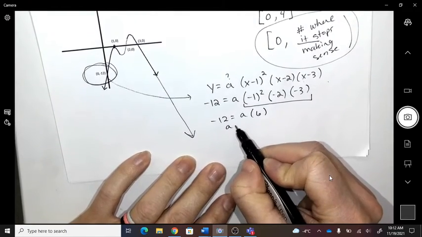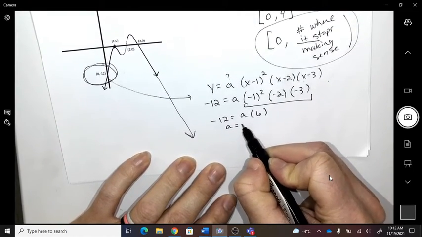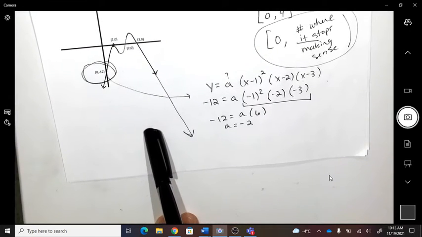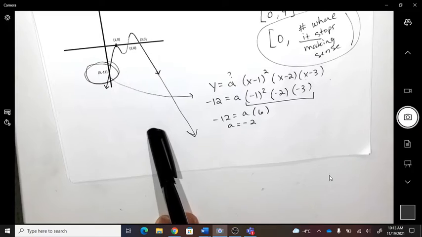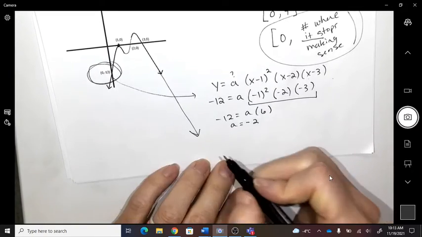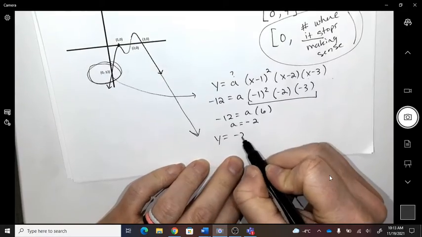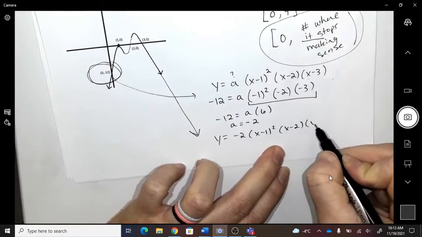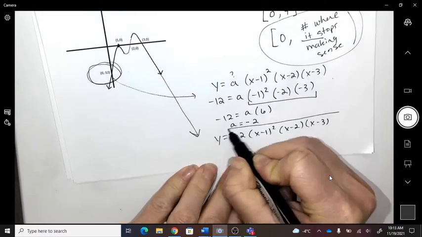Therefore, a is negative 2. Did you know that a was already negative when you started this whole thing? Because look at the shape of it. It's a W upside down. So a was already negative, I knew that. Okay, so here's my official equation.